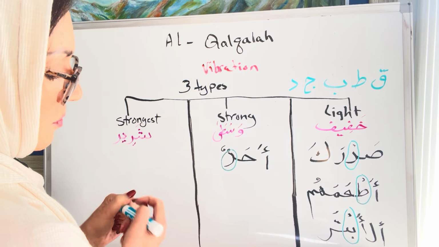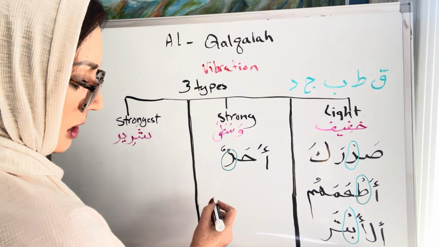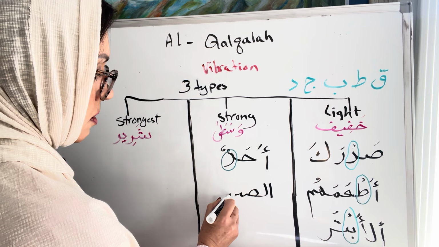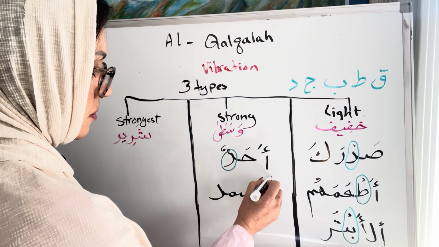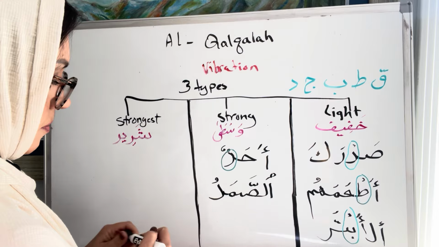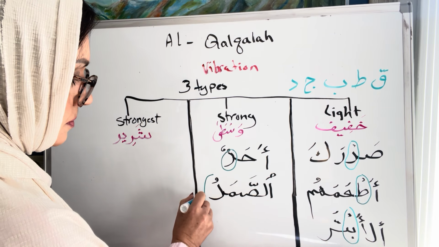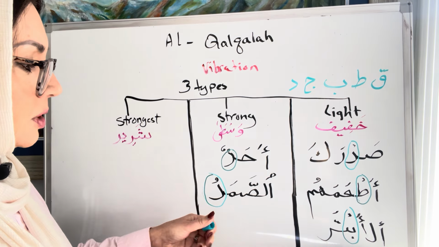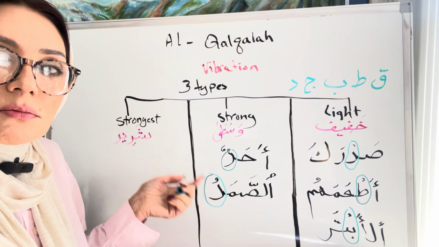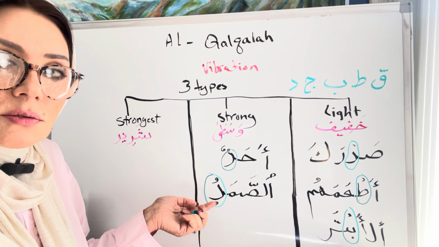Wusta. Okay. The next one we have is as-samad. Okay, so we have the dal. Now, if you're reading as-samad and then something else is coming after it, you're not doing qalqala here. Only when you're stopping, the qalqala comes out, right?